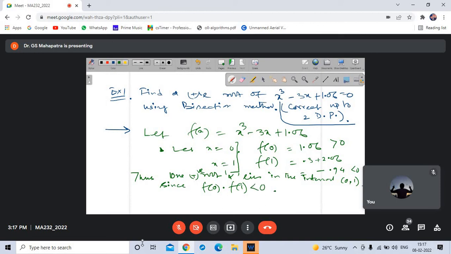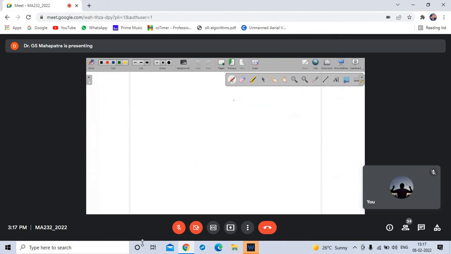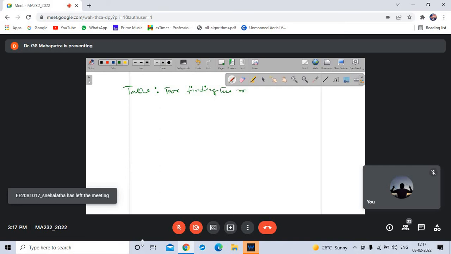So now I will consider one table. This is the table for finding the root of f of x.